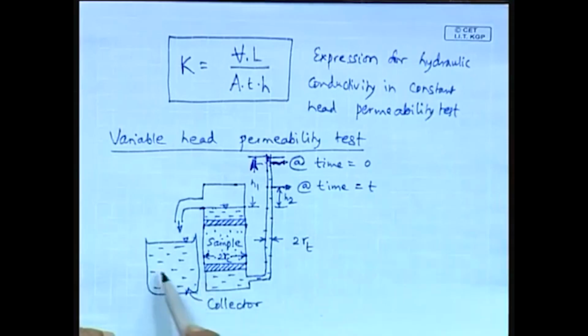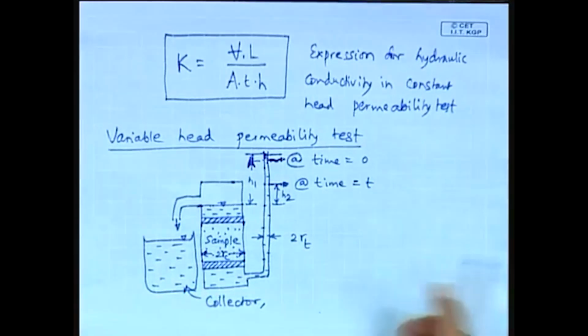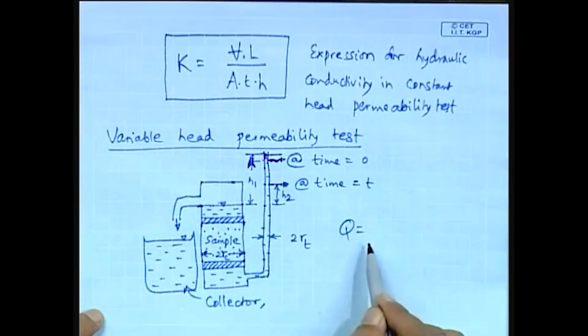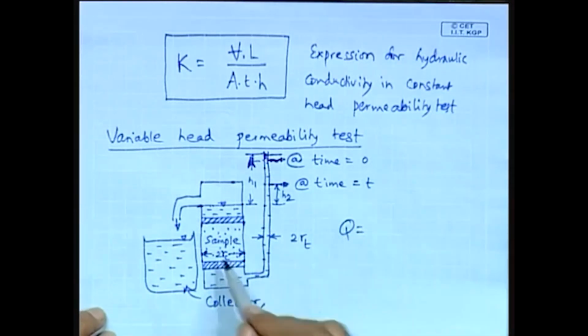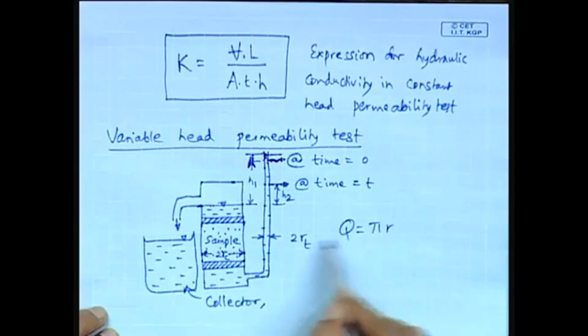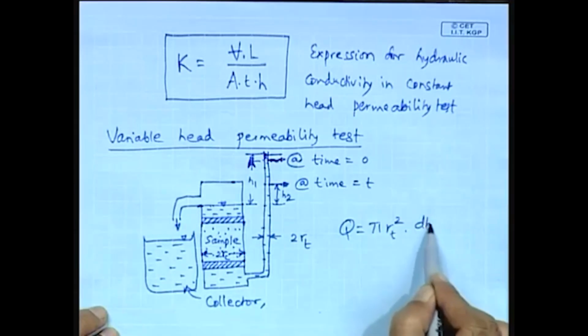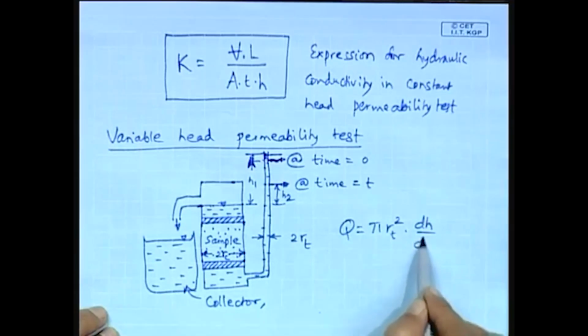And the collectors with the collected volume. So, now we can say here that the flow rate through the soil or rock sample is given by the cross sectional area, that is pi into RT square multiplied by dH by dt, which is the rate of change of head with time.